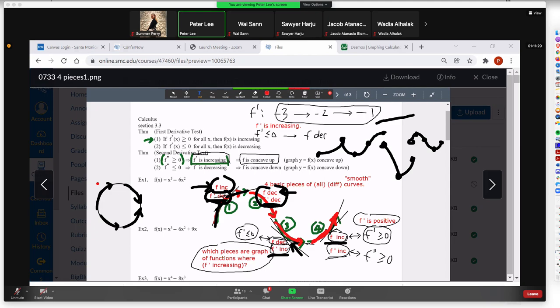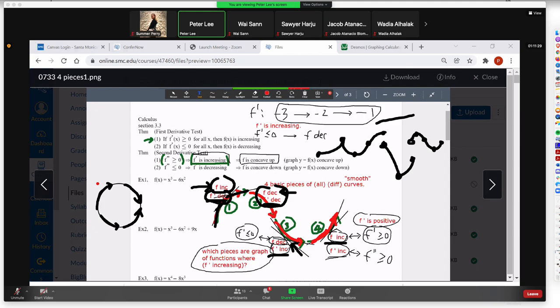Second, the graphing chart. And then, sketch the curve. So we have 3 steps. The second step, the graphing chart, usually tends to be the most difficult step.